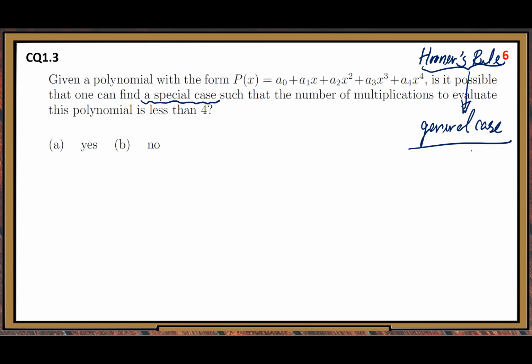Here you can see there is a big difference between special case and general case. Is it possible that one can find a special case such that the number of multiplications to evaluate this polynomial is less than 4? Why 4?